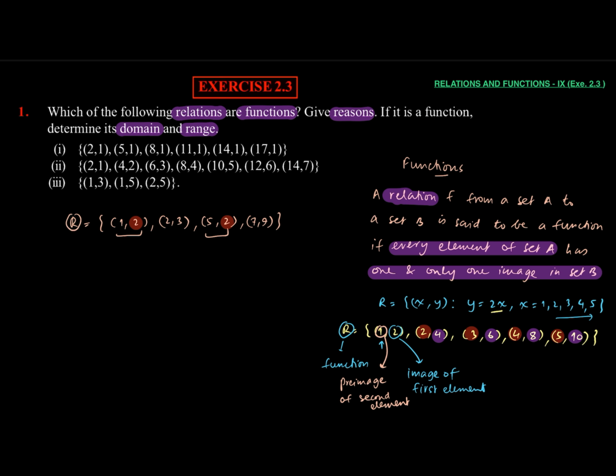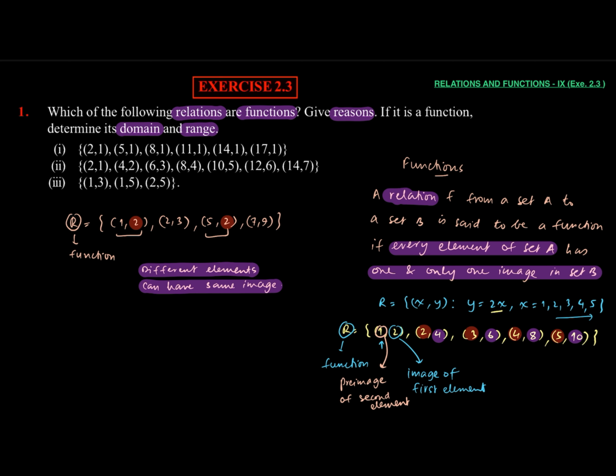This relation will also be considered a function. So remember that in the case of a function, different elements can have the same image. That's the reason why this relation will be considered a function.